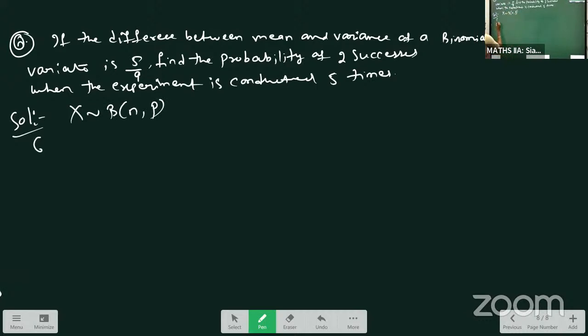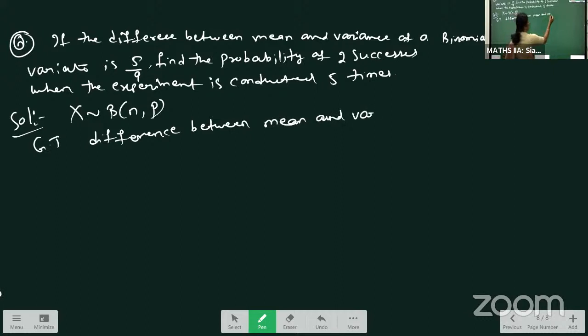What is the given condition? Given that the difference between mean and variance is 5 by 9. If you want, you can write the statement, otherwise you can write the formula. So this you have to put in the formula.